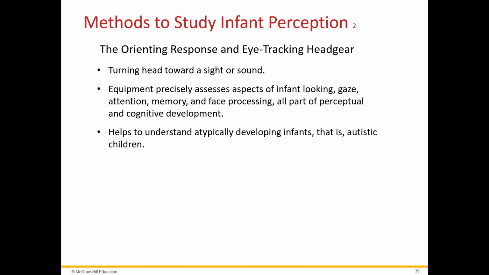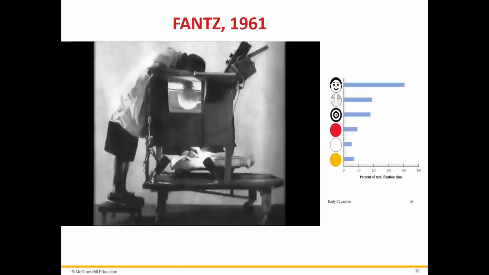Okay, another, more modern way we've been studying infants is we look at orienting responses. I just mentioned that term. That's when they turn towards a sight or a sound. They orient towards it, and we study this using, now, instead of just looking at what are they looking at, like Fantz did here, he has to kind of figure out what exactly the baby's looking at.